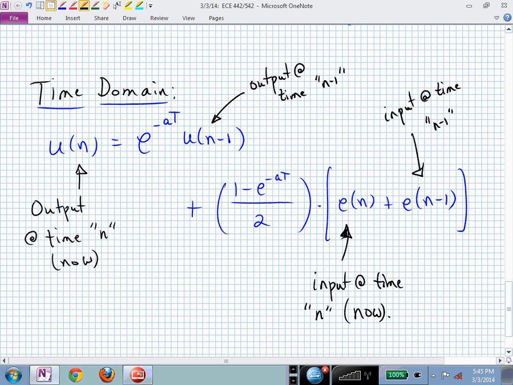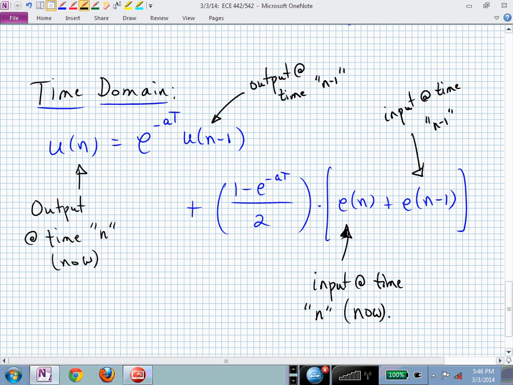And that's what this new implementation constraint that I'm going to talk about next tries to accommodate. Meaning maybe by the time you measure the input, scale it, and then add it to that partial sum, that takes you 50% of your sample period to do that. That's probably too long. So you might want to say, why don't I just assume that I no longer have this input at the present time or now?